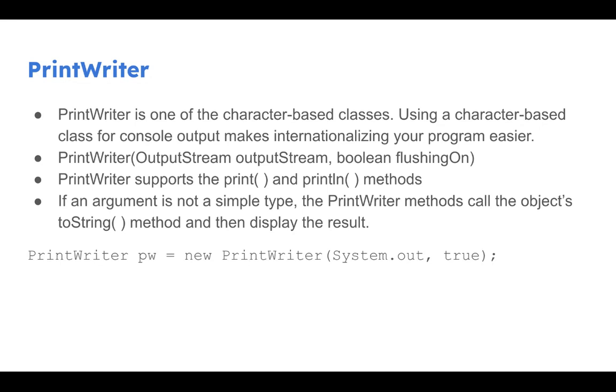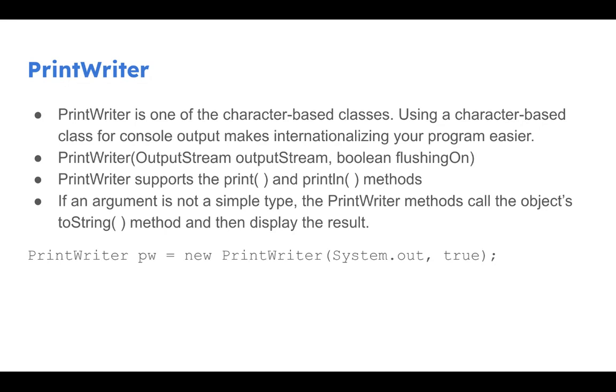We create a PrintWriter where we are passing the output stream object, and we say that we want to flush, so that as soon as we print, it is printed onto the screen. Even if the object we pass is not of a simple type, the toString method is by default called.